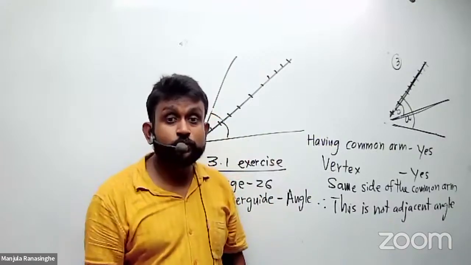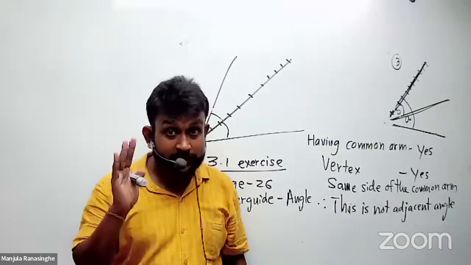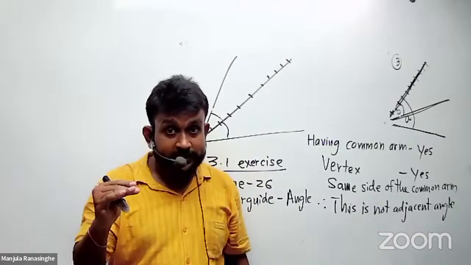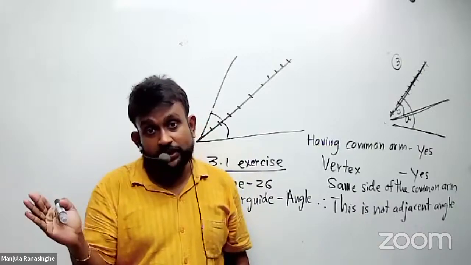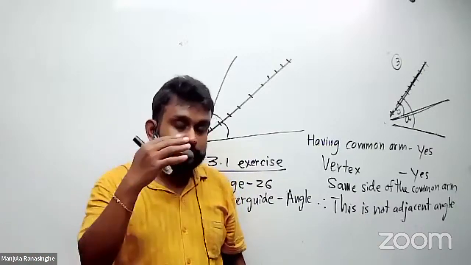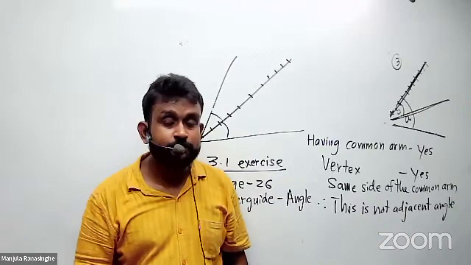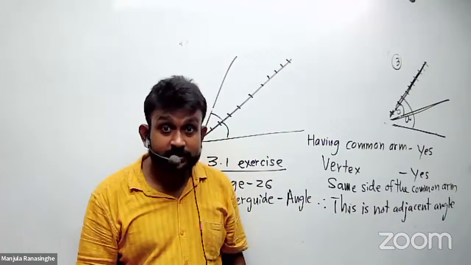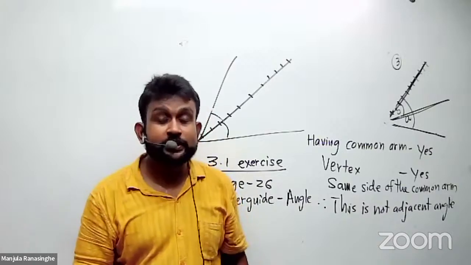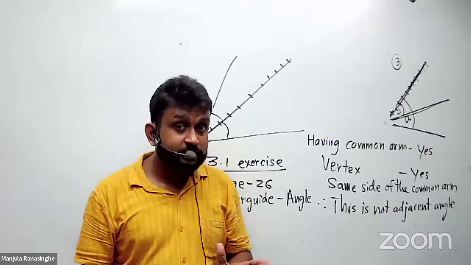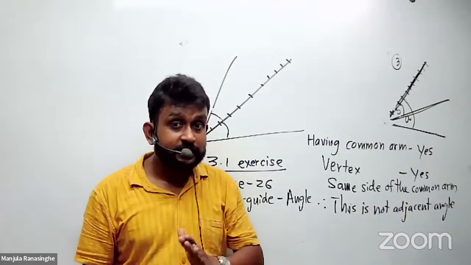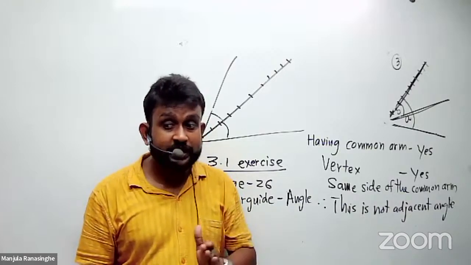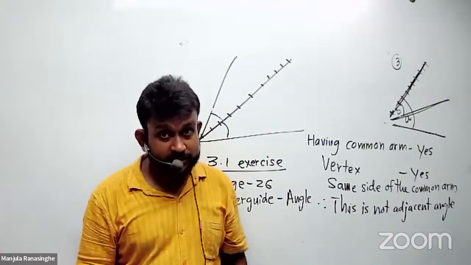Then I taught you the types of angles, five types: acute, right, obtuse, straight, and reflex. Then I taught you complementary angles, and further the supplementary angle. Then we came to the adjacent angle. Complementary means they add up to 90 degrees, and supplementary means they add up to 180 degrees.